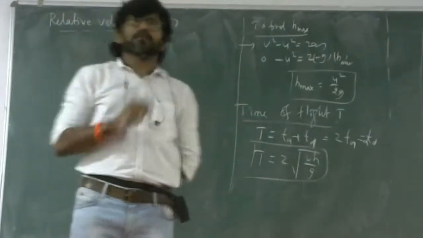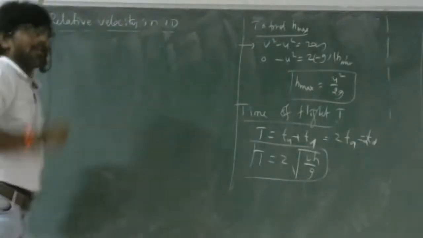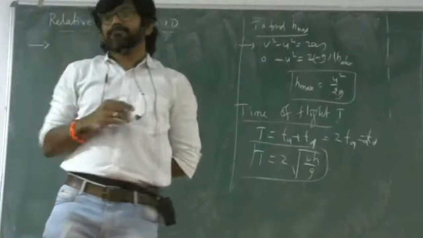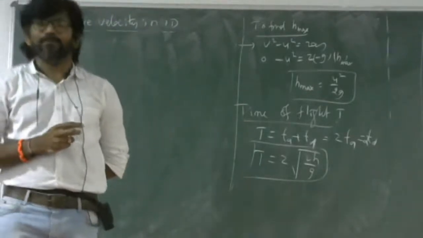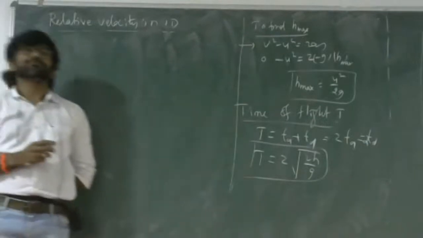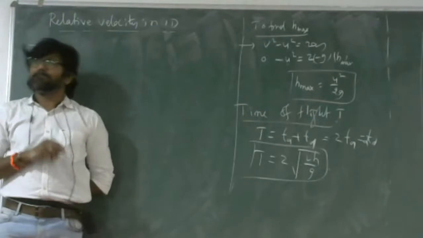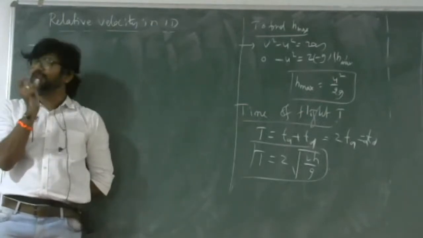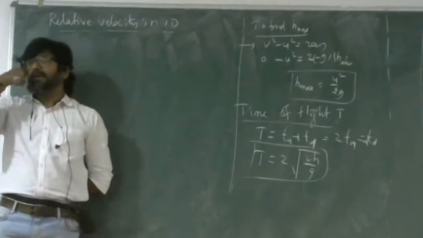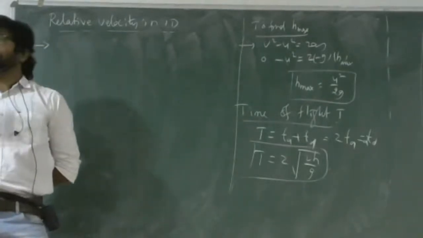Write it down. Especially in case of 1D motion, one dimensional motion meaning straight line motion, while calculating relative velocity, you have to use one simple relation. I will give you one general formula.